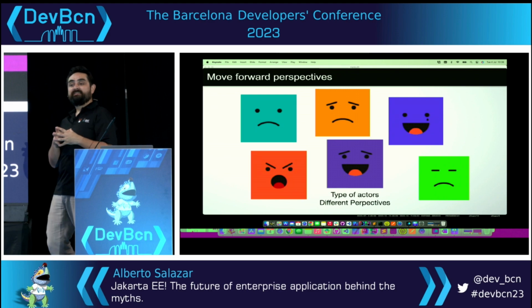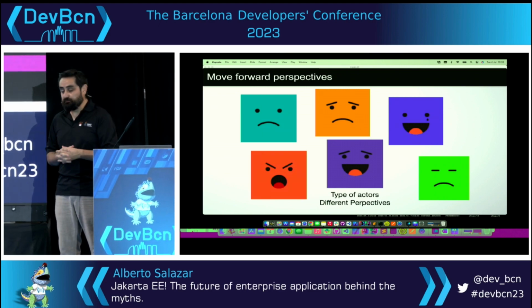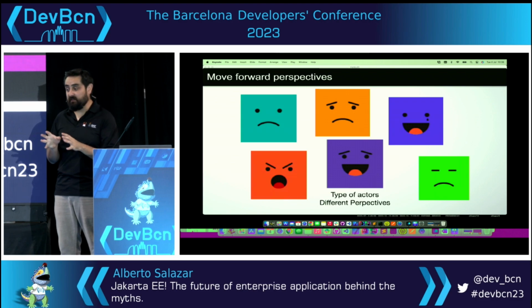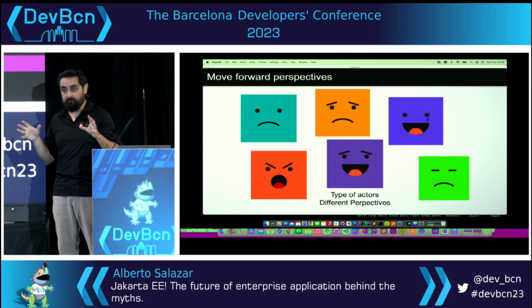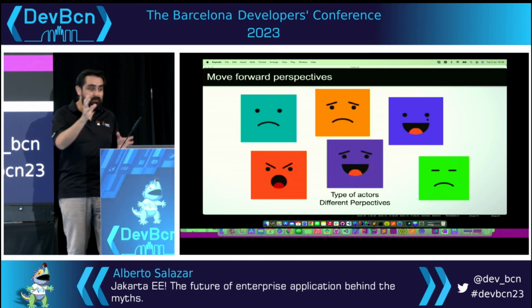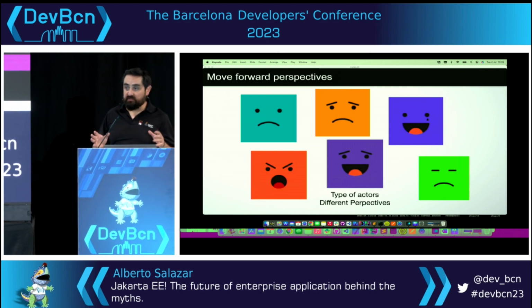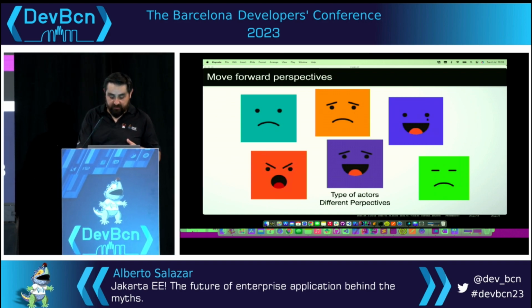When we work with these kinds of projects, we have several different kinds of actors in the banking industry, in the enterprise, and we must handle each perspective in a different way.